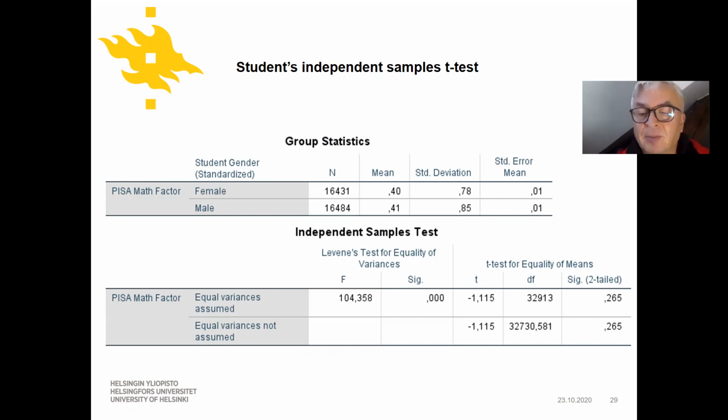Here we do take the simple route because they have measured it only this way. Okay, what do you see when you put gender as the explaining factor into a t-test and the PISA math factor as the dependent variable?